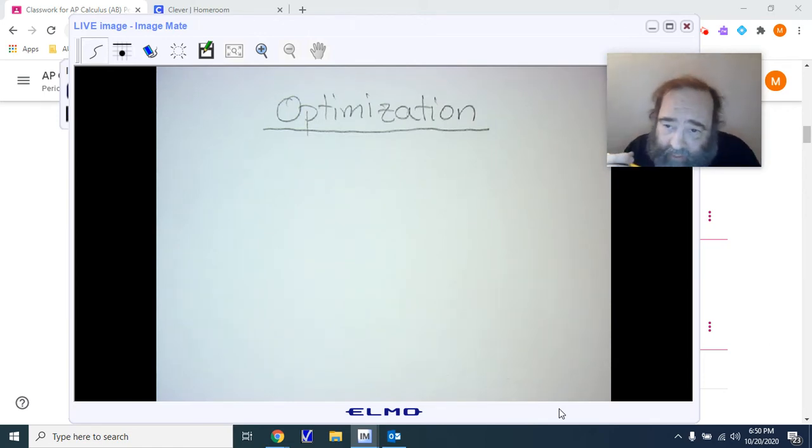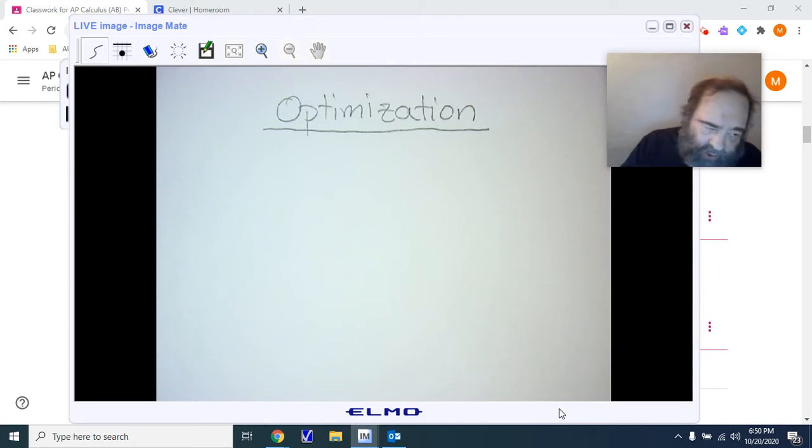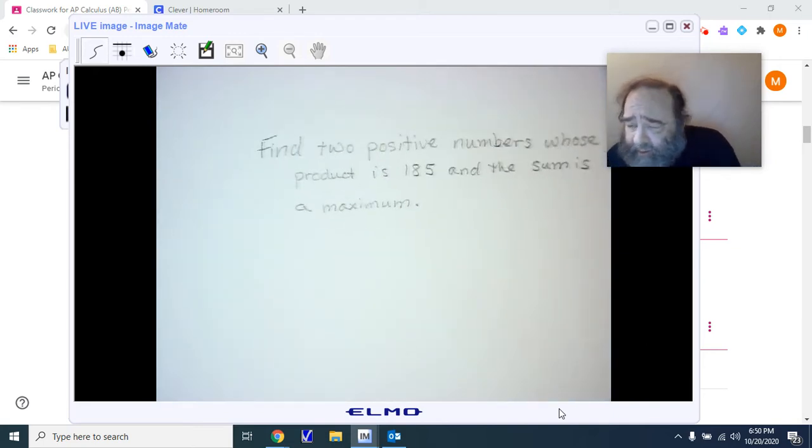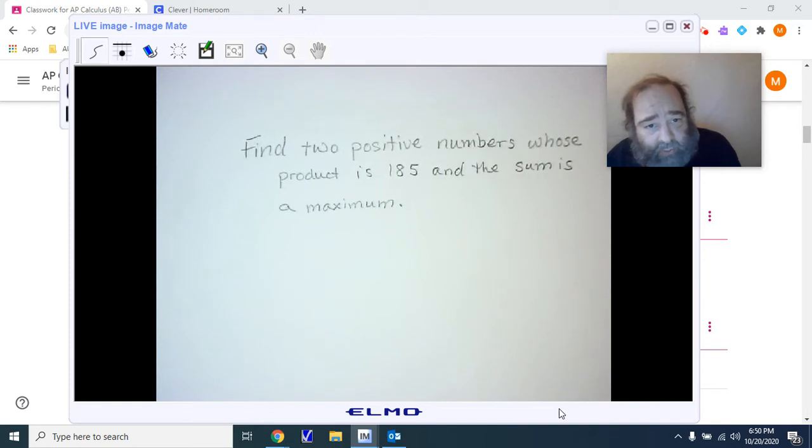So what we're talking about in optimization is a formula that has more than one variable, and we need to have more formulas to convert all of the variables into one variable. Okay, so we're going to start taking a look at that. Be aware, all of these formulas that connect are called linking formulas.